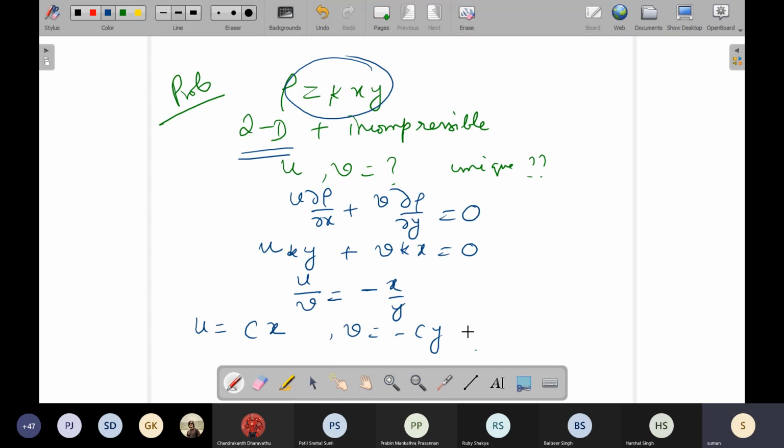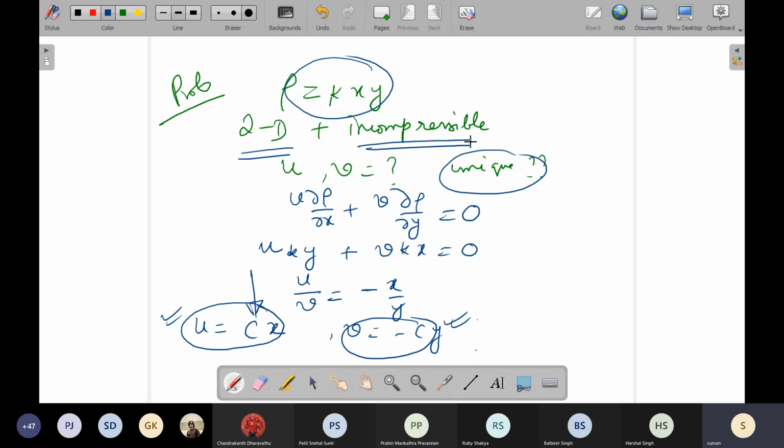Okay. So this is the form, and this has to be compulsively the form. But it is not unique because it is parameterized with respect to the parameter c, which can have many values except 0. So in that way it is not unique, but you still get a form of u and v which needs to be there to satisfy this incompressibility condition.